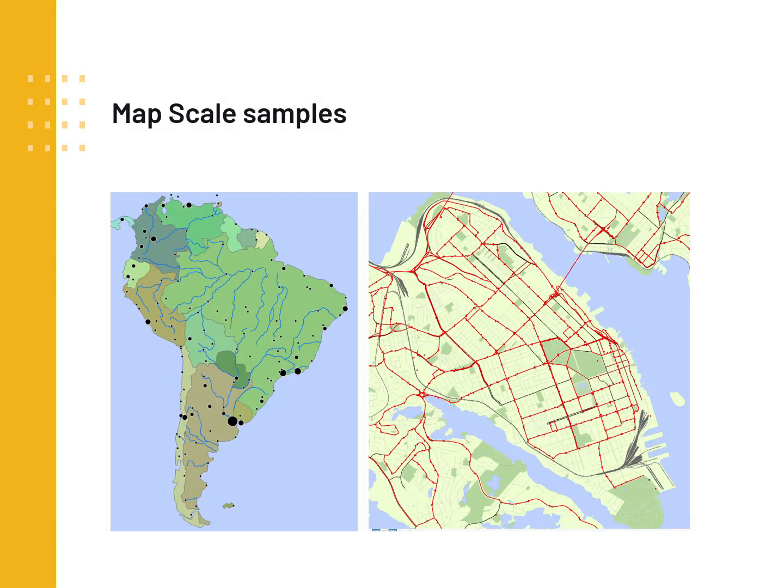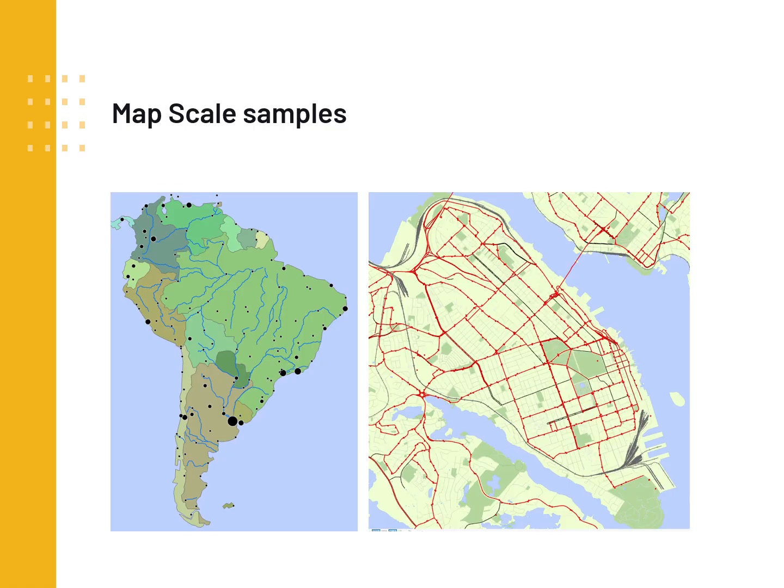Here's an example of two maps. Okay, which of these maps is a small scale map and which is the large scale map? So the map on the left is South America, showing all the various cities, whereas the map on the right is a map showing Peninsular Halifax. Okay, so which is the large scale map?